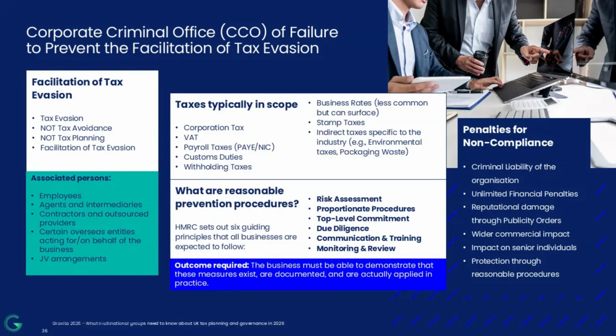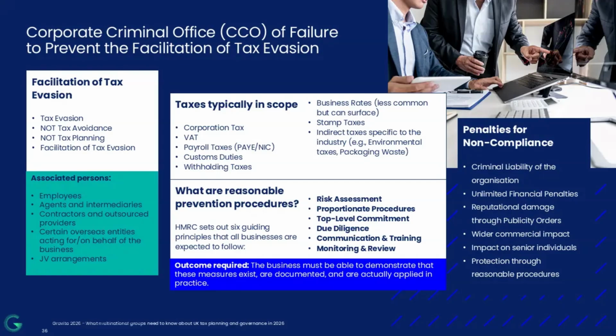But there are minimum areas where HMRC expect you to have carried out these activities. HMRC set out six, starting with having a risk assessment in place. I'll talk a little bit more about that on the next slide, but essentially, if you haven't done your risk assessment in relation to these rules, then it's very unlikely that you've got a defence in court if that happens. So that is definitely the first one.